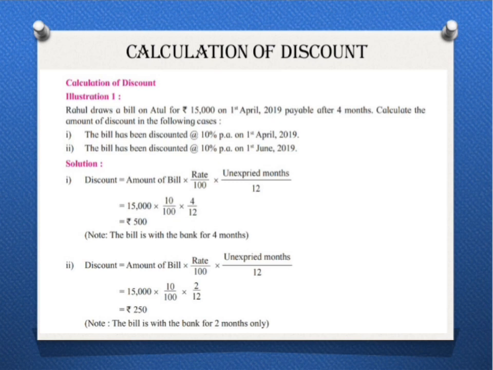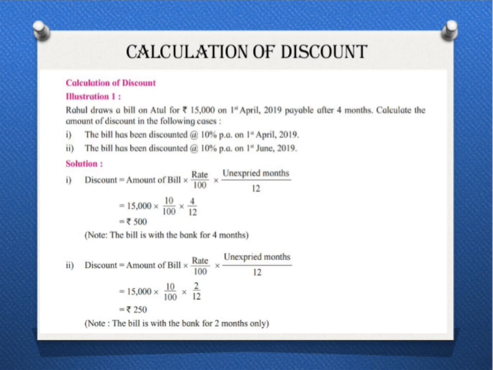Here you have to observe that the amount of the bill is 15,000, the rate is 10%, and the unexpired period means it is payable after 4 months. Now 15,000 into 10% into 4 divided by 12. The amount comes to rupees 500. And you will have to remember that the bill is with the bank for 4 months.